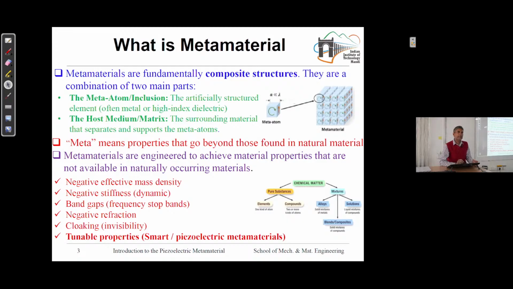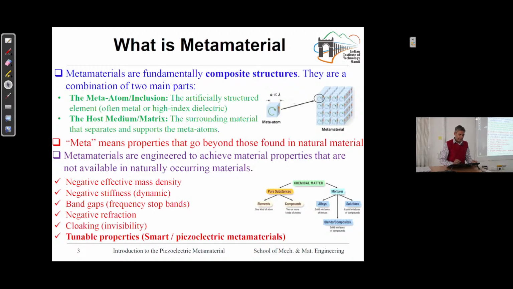Band pass, basically a range of frequencies we can allow and a range of frequencies we can stop, can be possible with the help of metamaterials. Negative refraction, cloaking. There are so many applications and unusual properties that are required.